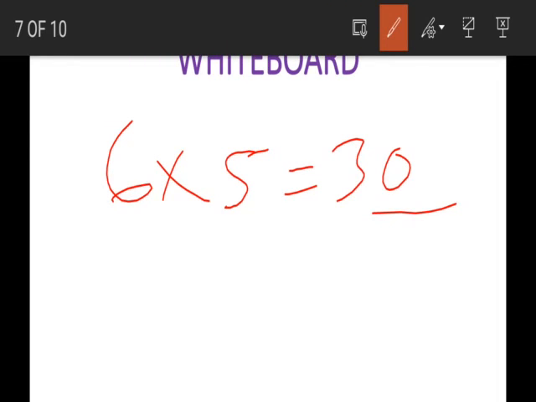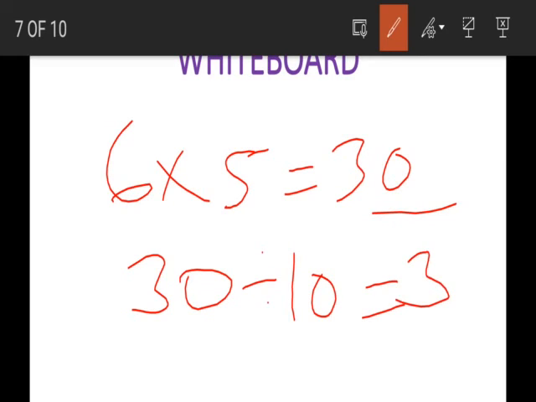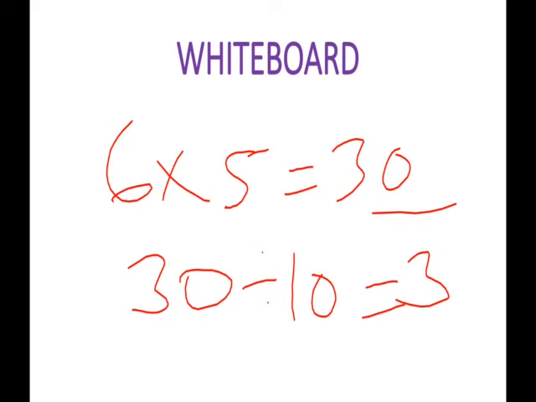Then 30 divided by 10 is worth 3. So that is just the code.